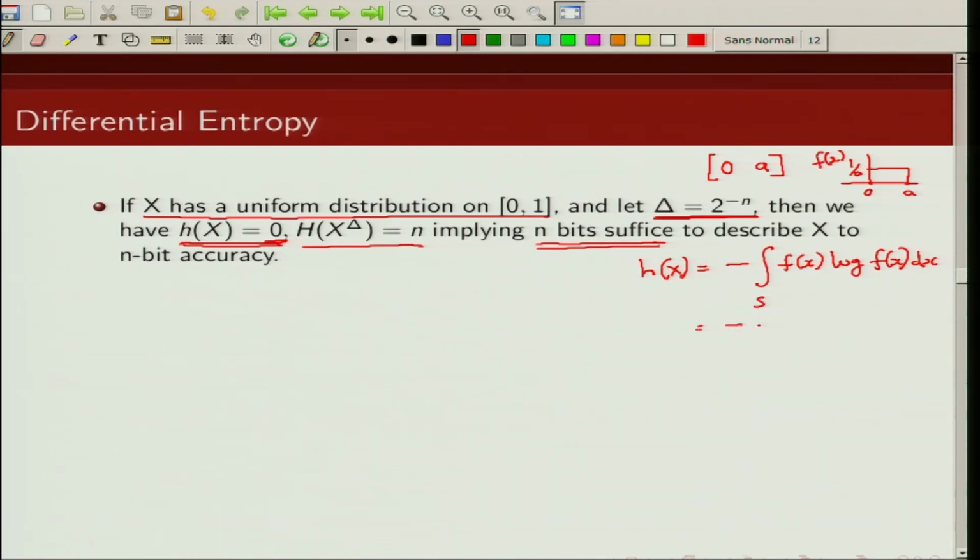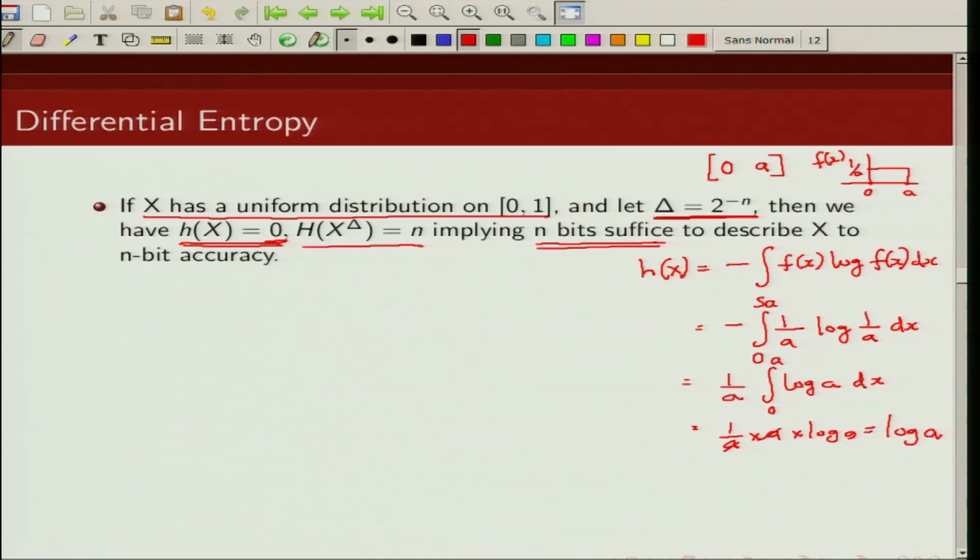So this will be minus 1 by A log of 1 by A dx, and this integration will be from 0 to A. So this can be written as 1 by A integration of log of A dx from 0 to A. So this is 1 by A into log of A. So this will be log of A, and in this case my A is 1, so log of 1 is 0, and that is why I wrote that the differential entropy for x which is uniformly distributed between 0 to 1 is 0.